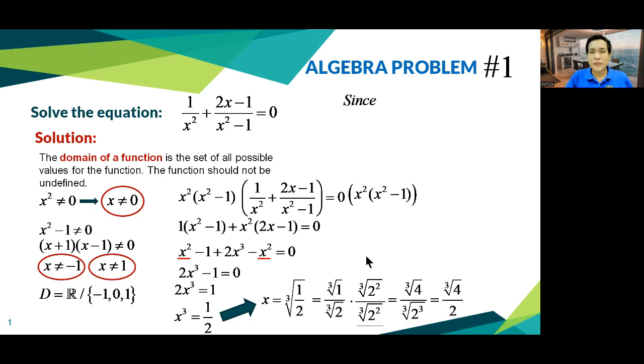Now, since the cube root of 4 over 2 belongs to the domain, we can say that this is the solution. The solution for this, x is equal to the cube root of 4 over 2.